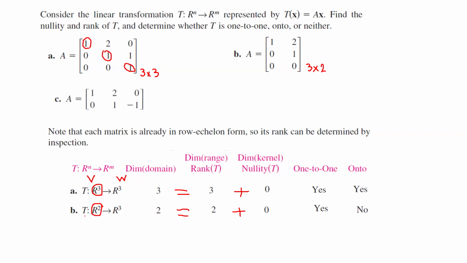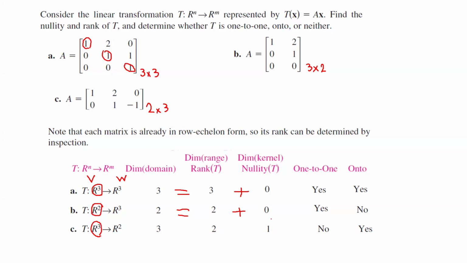Let's take a look at the third matrix. This matrix has 2 rows and 3 columns. So 2 by 3. Now, if we look at the linear transformation, it maps R3 to R2. So we are reducing the dimension from the space to the plane. Well, the dimension of the domain, as you can see, is 3. The dimension of the range is equal to 2.